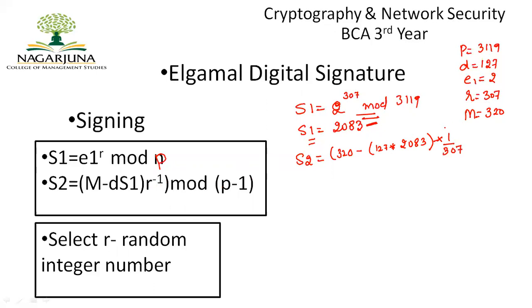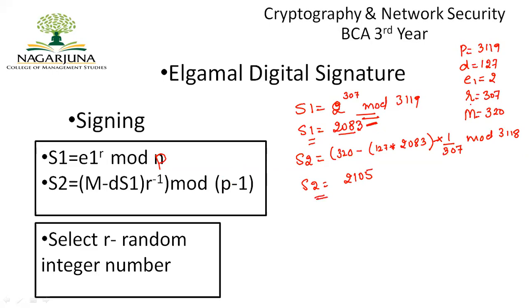Then you perform a mod operation, that is mod P minus 1, which is nothing but 3118. So the entire value after performing the calculations is 2105. So I have calculated S1 and I have calculated S2.